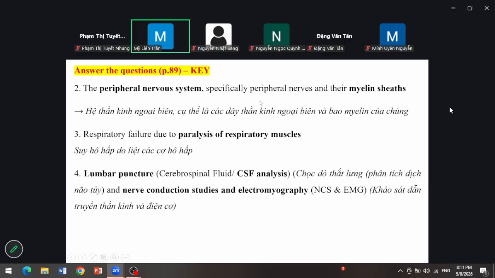Peripheral nervous system, especially peripheral nerves and the myelin sheaths, primarily affected in this situation.